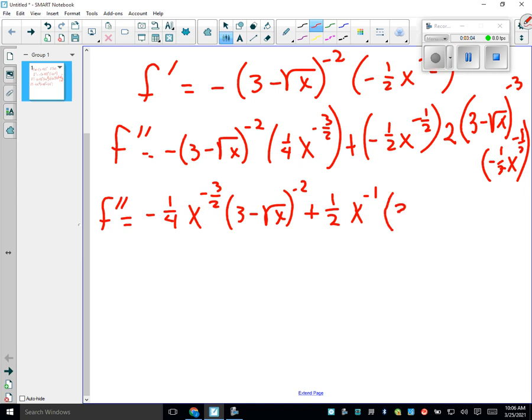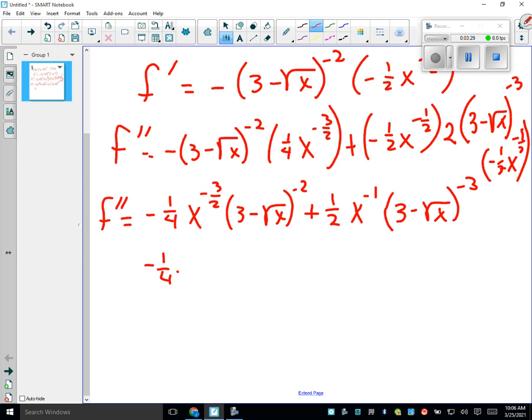3 minus radical x to the negative 3. Right? So now, what is x? 4. So, I'm just going to plug it in. This is negative 1/4 times 4 to the negative 3/2.